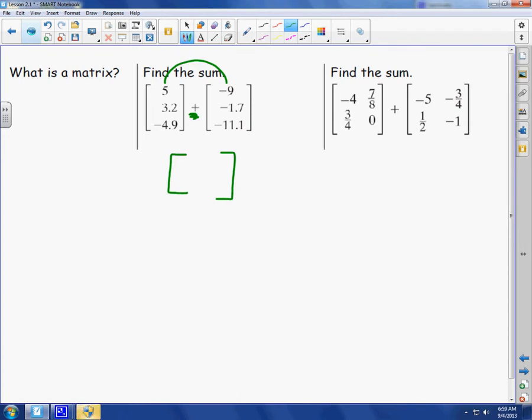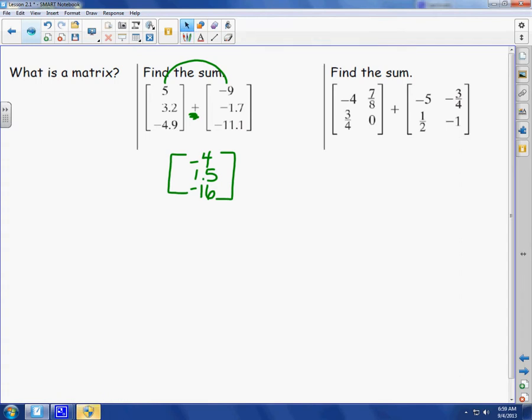So 5 plus negative 9 is negative 4. 3.2 plus negative 1.7 is 1.5. And negative 4.9 plus negative 11.1 is negative 16. So what you end up with is 3 answers in one matrix.